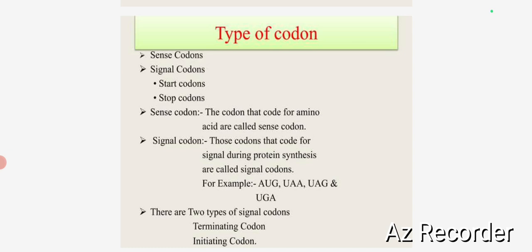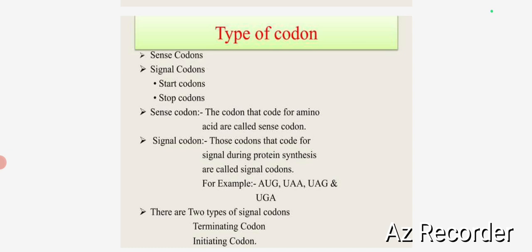The sense codons are the codons that code for amino acids. Any codon which codes for an amino acid is called a sense codon. Signal codons are those codons that code for signals during protein synthesis or the translation process.